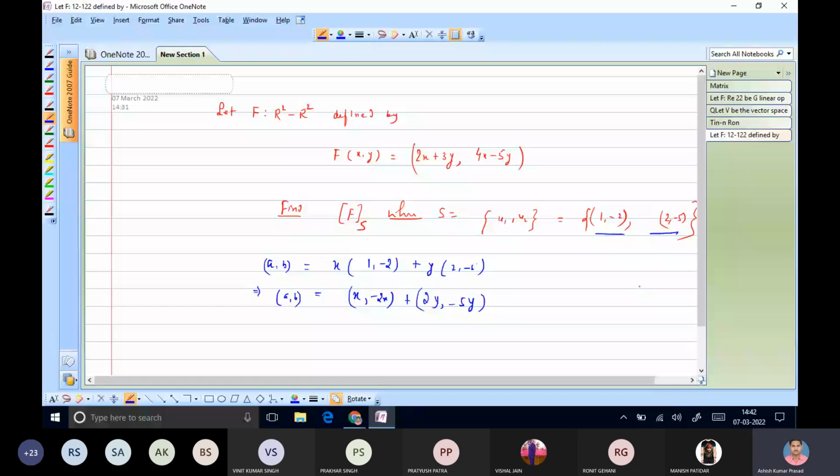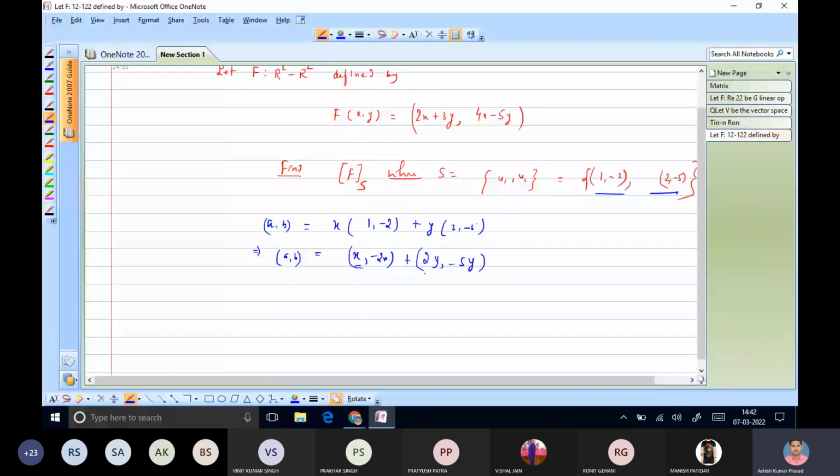So if you add the first component you will get x plus 2y, and if you add the second component you have minus 2x minus 5y. From here you can see A equal to x plus 2y and B equal to minus 2x minus 5y, right?